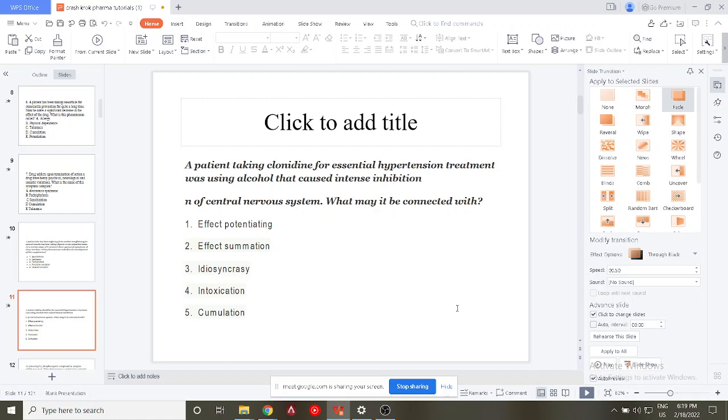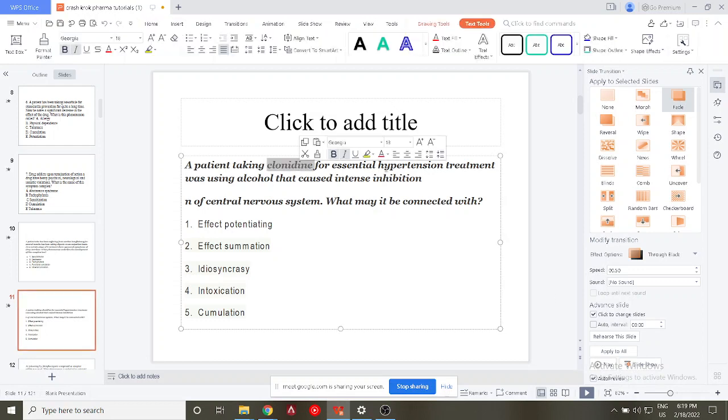No, try again. Okay, I want you to try to understand the question. The person takes clonidine for hypertension normally, then he took alcohol that increased the effect of clonidine. So it's like, oh, that's potentiating effect. Yes, exactly, that's correct. Okay, good job.